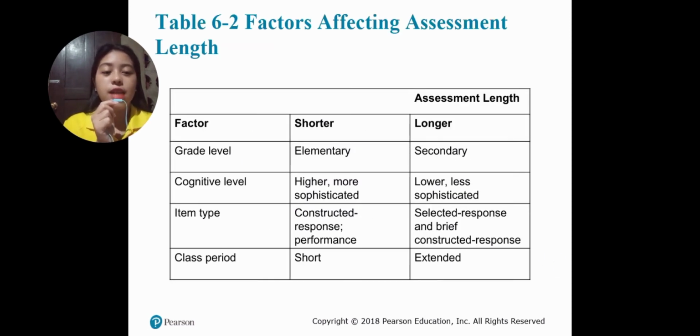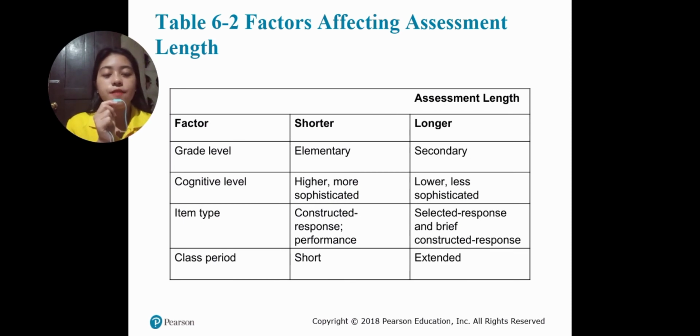There are factors affecting assessment length. First is the grade level, second is the cognitive level, then the item type, and the class period type. In grade level, shorter is for the elementary and longer is for the secondary.